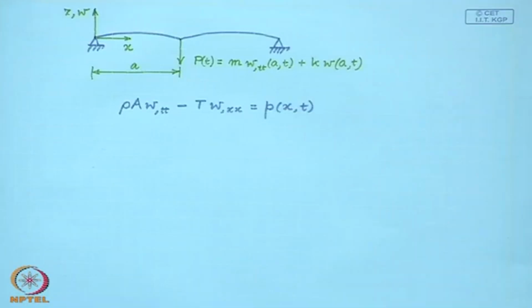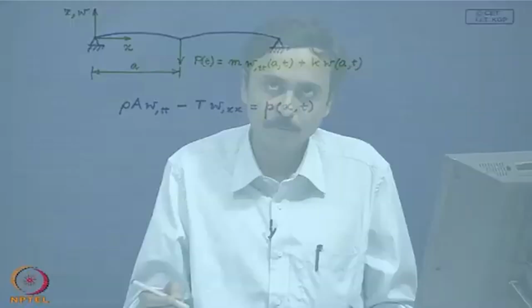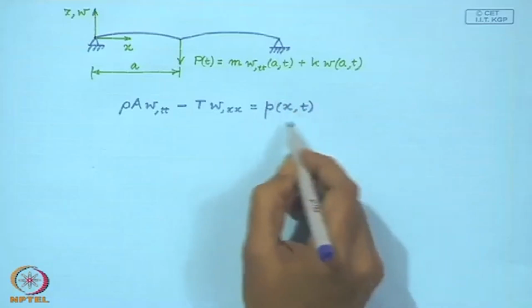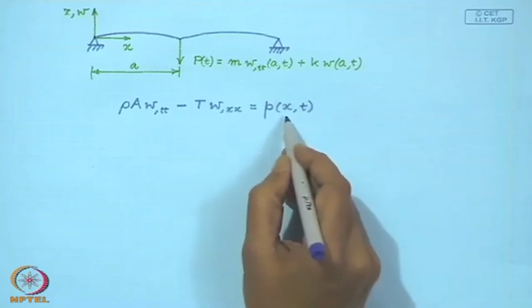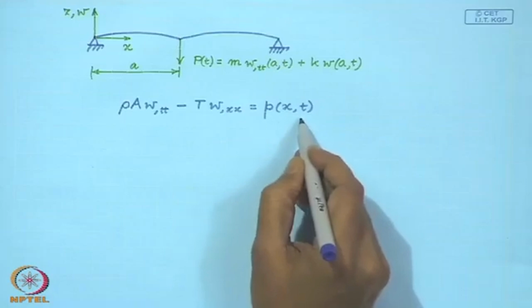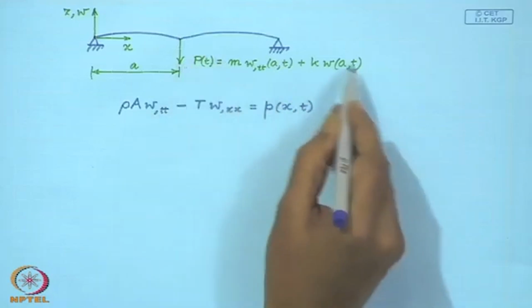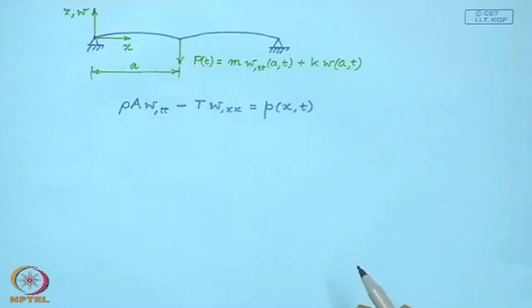So, this was our equation of motion, where this small p x comma t is the force distribution or the force per unit length. Now, here what we have shown is a concentrated force acting at x equals a.